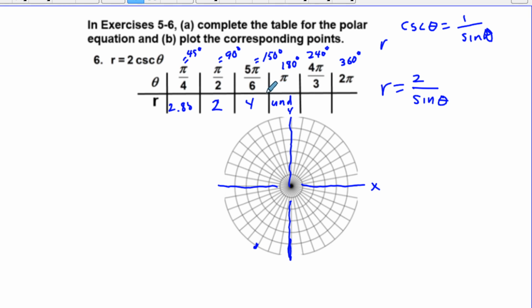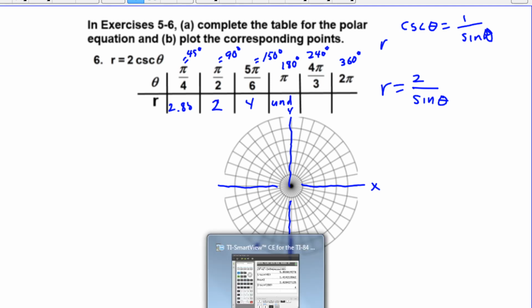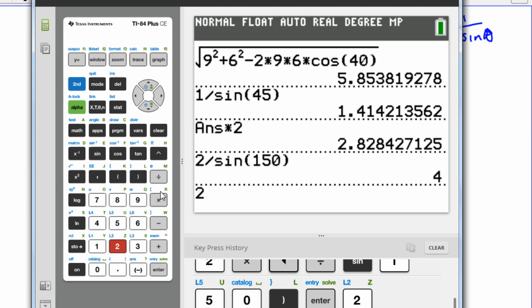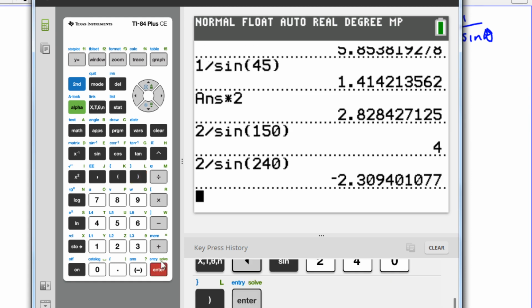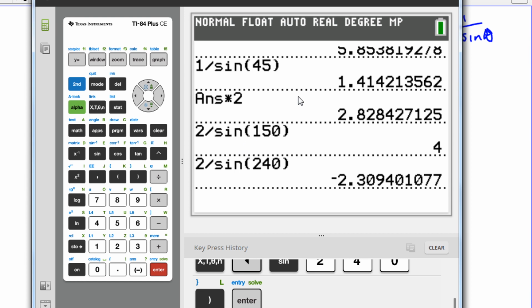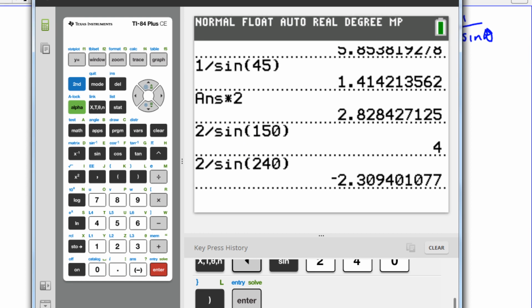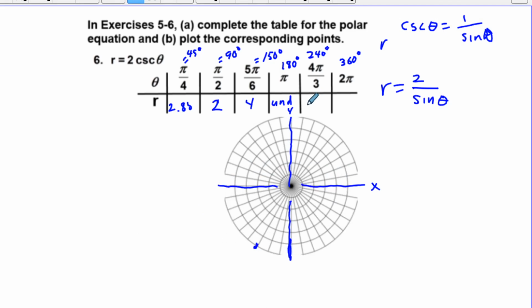Then for 4 pi over 3, it would be 2 divided by sine 240 degrees. So we get negative 2.31. And then for 2 over sine 2 pi, that's going to be undefined.